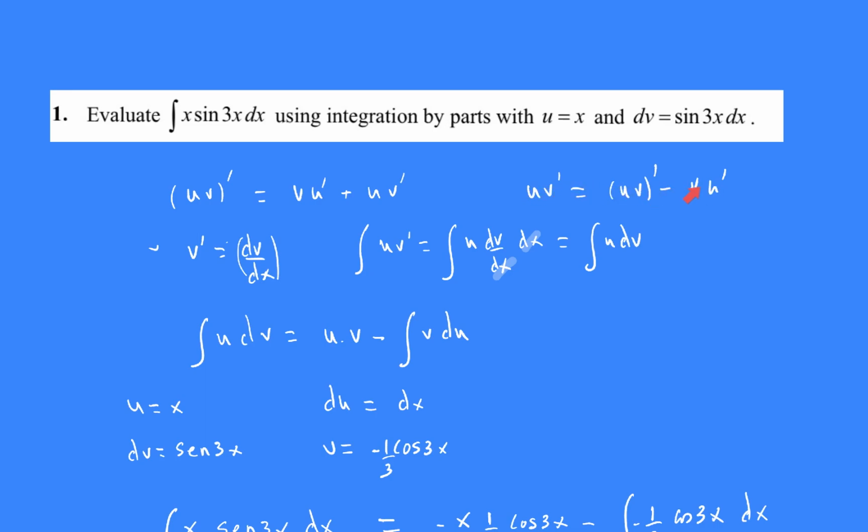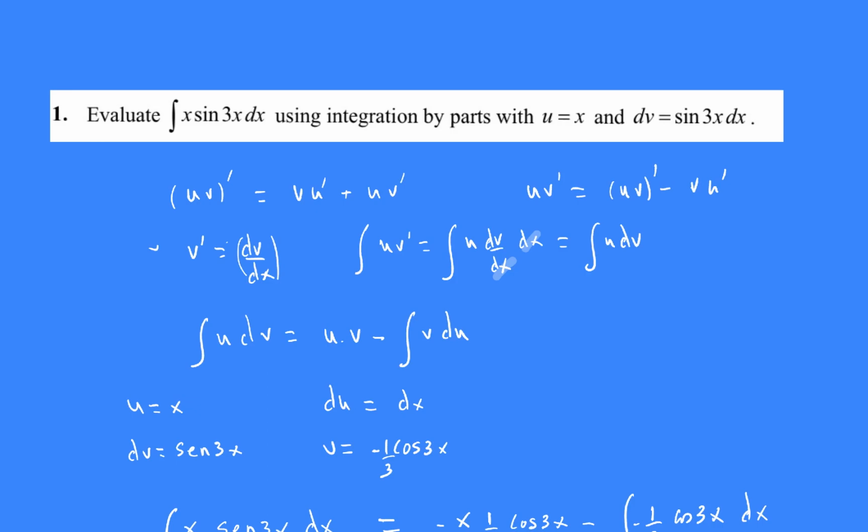Now, if you take the integral of both sides of the equation, you will find that the integral of u dv is equal to u times v minus the integral of v du. And this is the equation that we use for integration by parts.